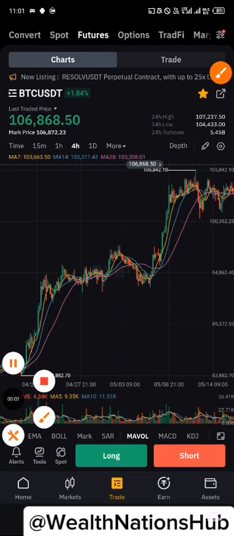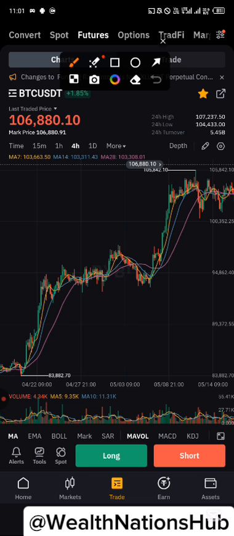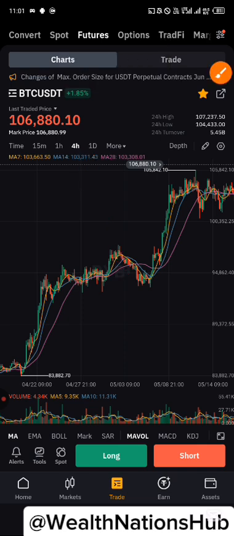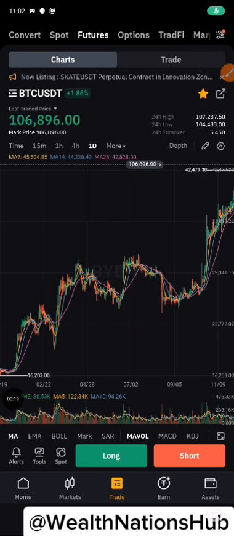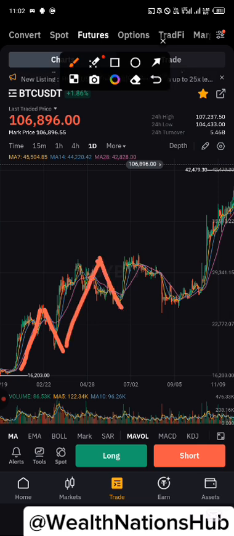This is Bitget Exchange. So you are going to look at it now. At this point, we are on the 4 hours time frame. I told you the higher time frame gives you the accurate trade patterns. Now, if you look at it very well, you discover that the first one we had here was from this particular portion, and it retraced back here, and then went back here, and retraced back here.